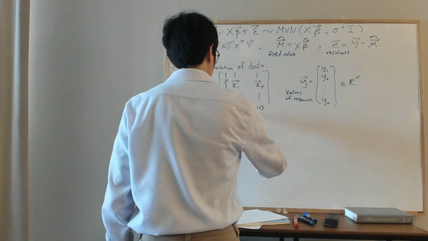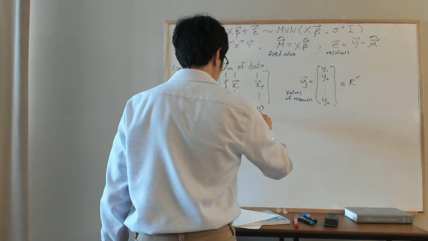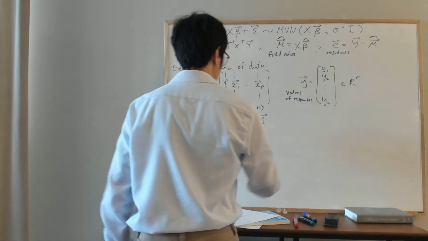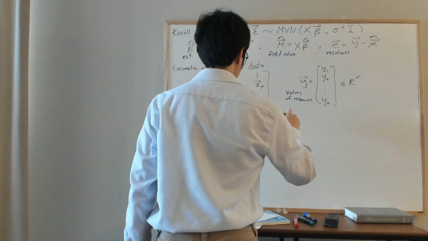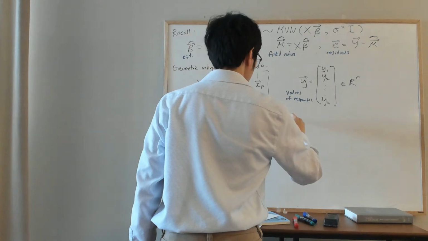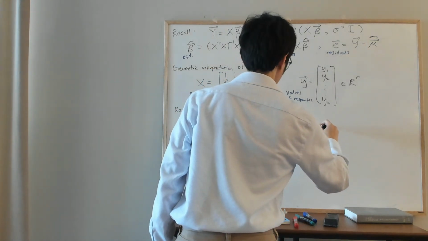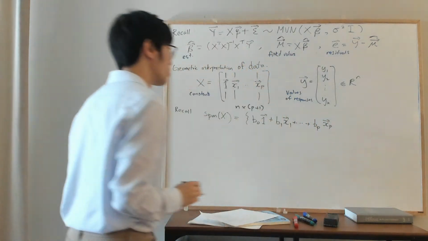Let's define some constants: b0 times the first column, then you add b1 times the x1 column, and so on, up to bp times the xp column.